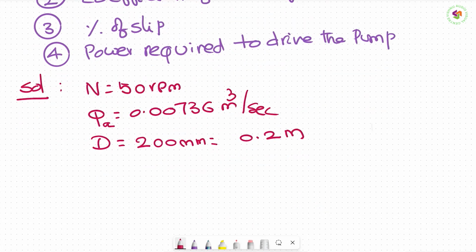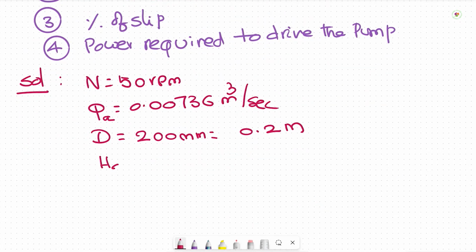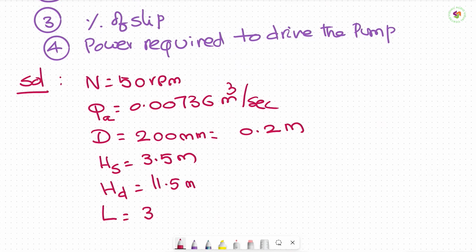HS is equal to 3.5 meters. HD is equal to 11.5 meters. Stroke length L is 300 mm, that is 0.3 meters. Kindly remember that the stroke length is equal to twice the radius of the crank.